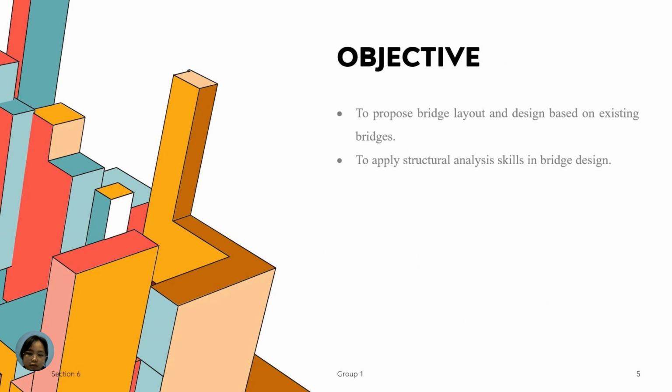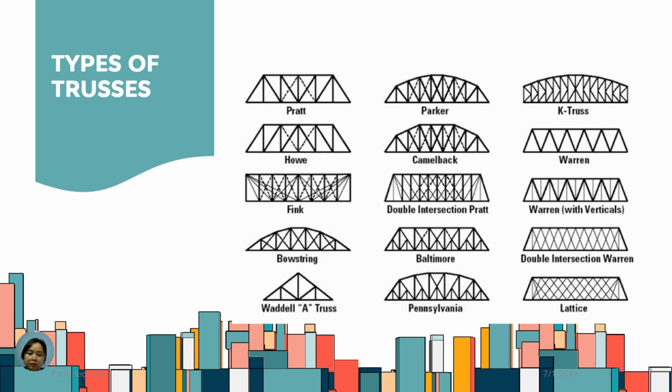The objective of our project is to propose a bridge layout and design based on existing bridges, and also to apply structural analysis skills in bridge design. This is the type of truss we have taken as reference, and it is important to learn various types of truss according to their purpose and specific function.